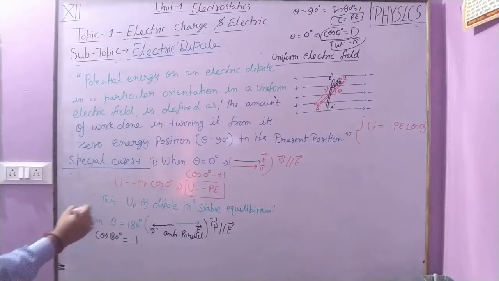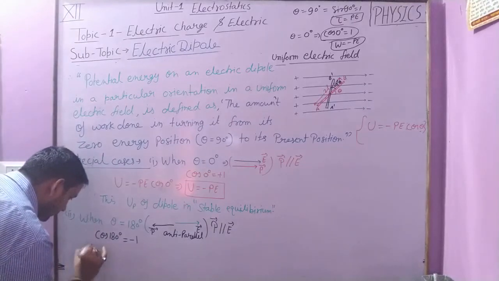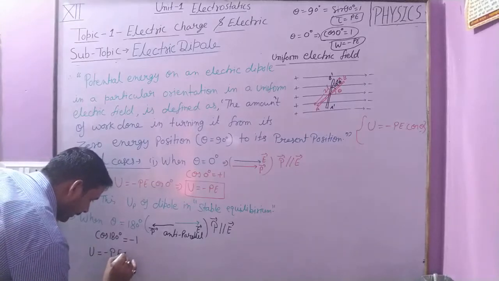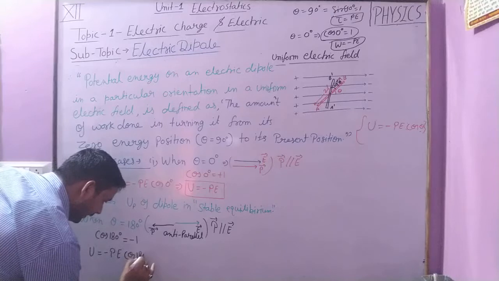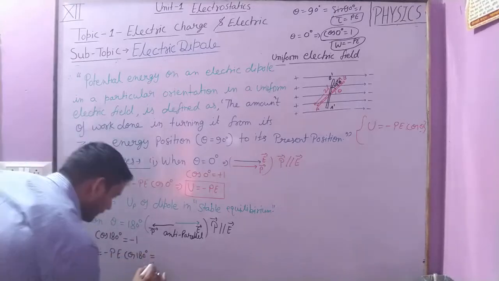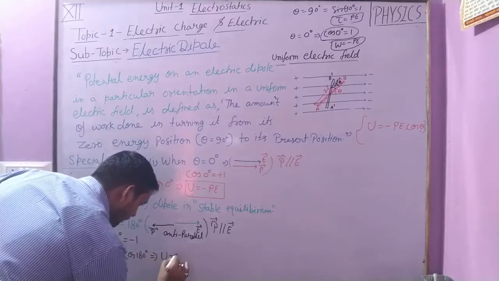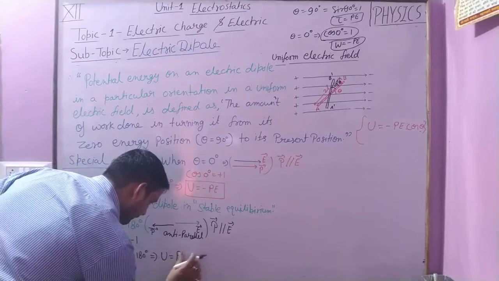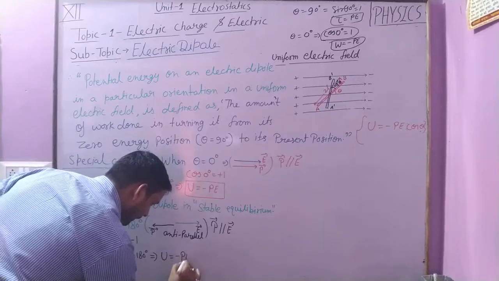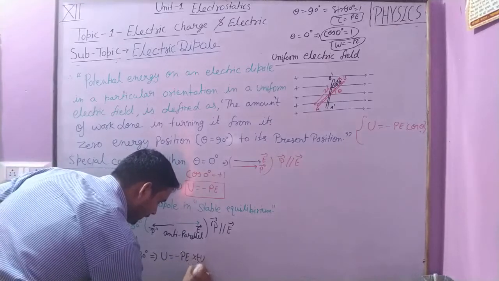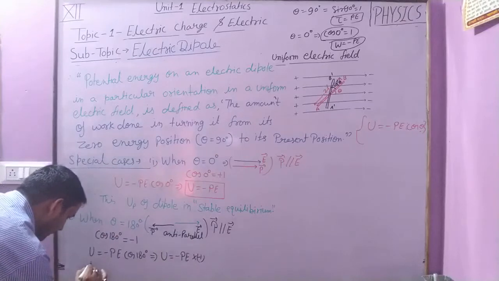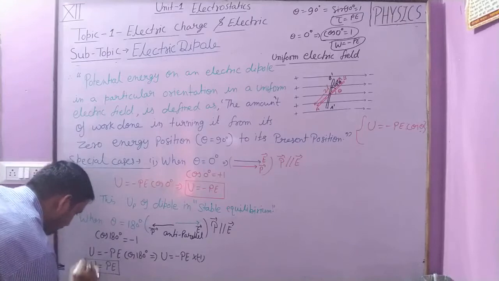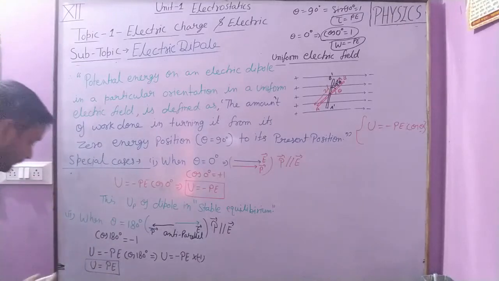Now by using U is equal to minus PE cos 180 degree, we get U is equal to minus PE into -1, which is U is equal to PE.